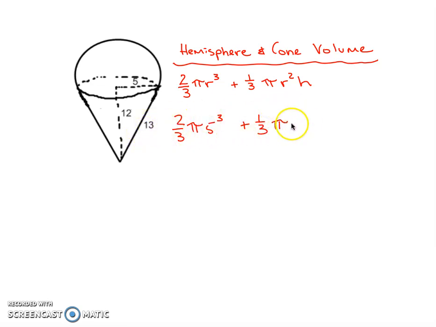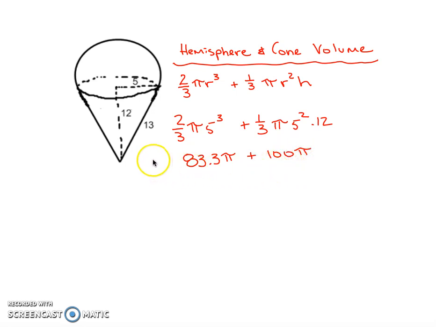Our radius again is 5 squared, and our height for this one, going from the vertex to the center, is 12. So for this portion, we would get 83.3 pi, plus, for this part, we're going to end up with 100 pi.